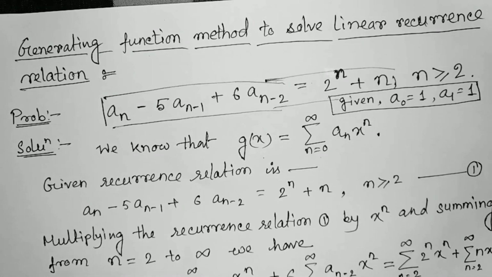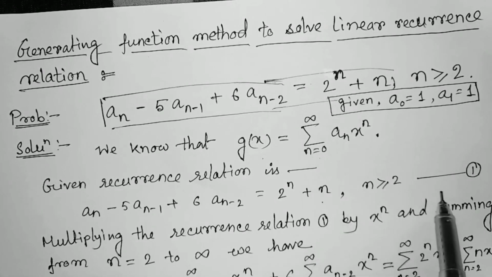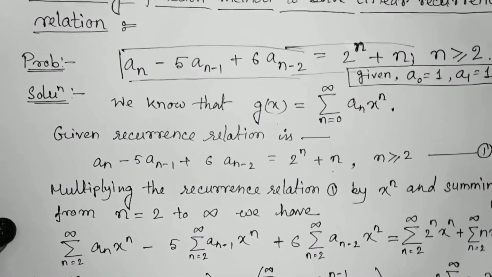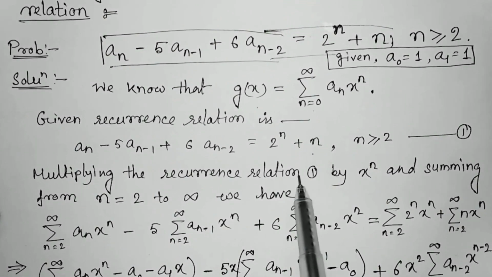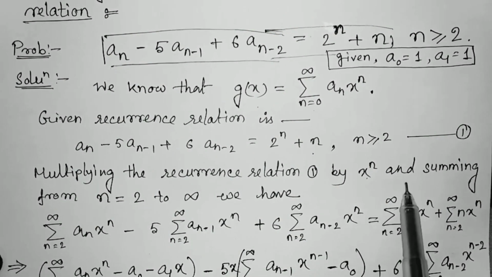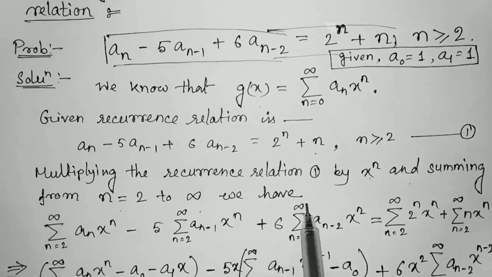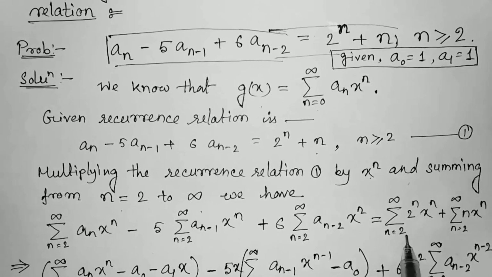Now the given recurrence relation is this one, which we can mark as number 1. Now multiply the recurrence relation 1 by x^n, and summing from n equals 2 to infinity, we have this one.